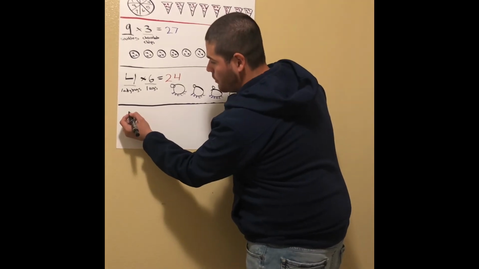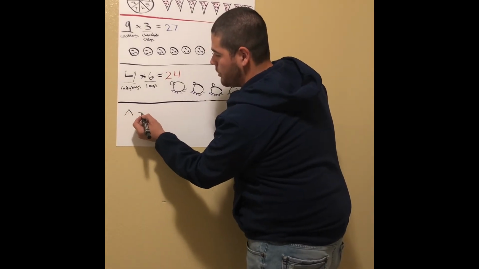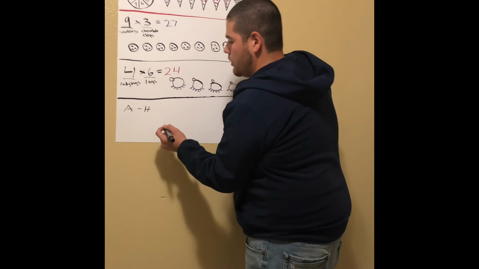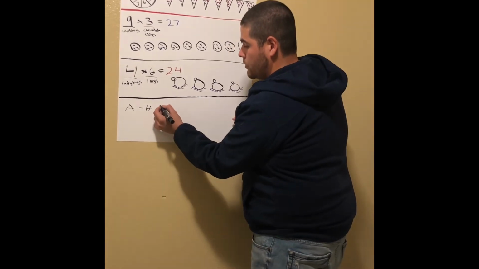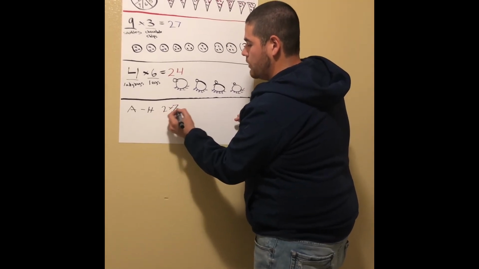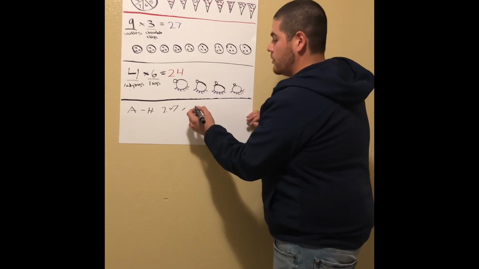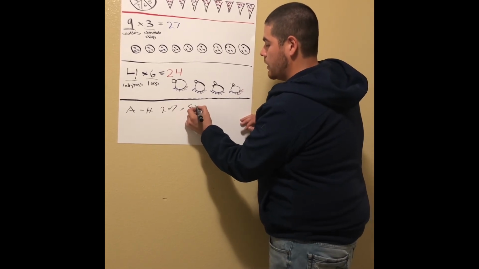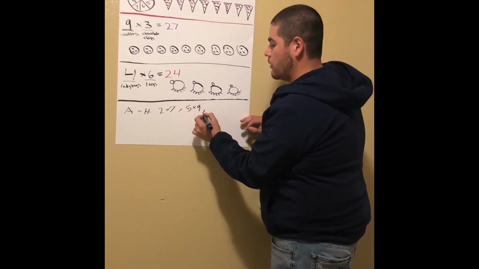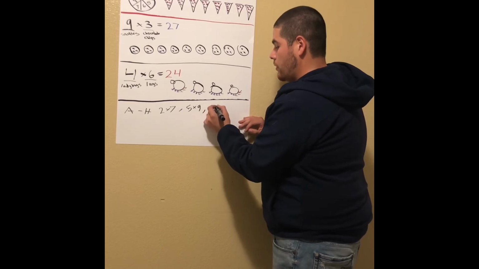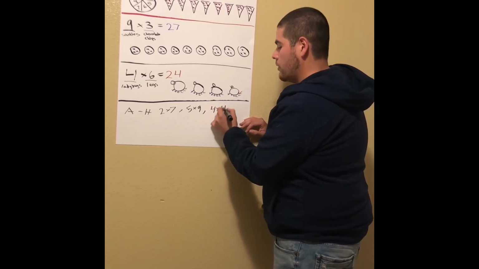For those of you whose last names are A through H, I want you to do 2 times 7. I want you to do 5 times 9. And I want you to do 4 times 4.